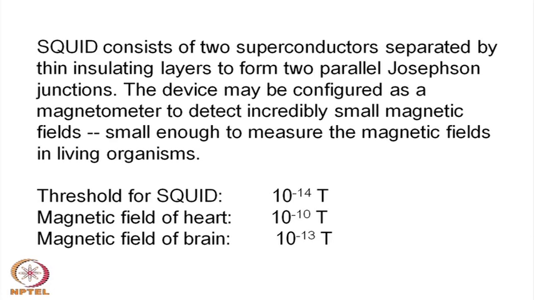Well, in our various organs, particularly the heart and brain, we have some inbuilt magnetic fields. In our brain, the magnetic field is of the order of 10 to the minus 13 Tesla, whereas in the heart it is about 10 to the minus 10 Tesla.